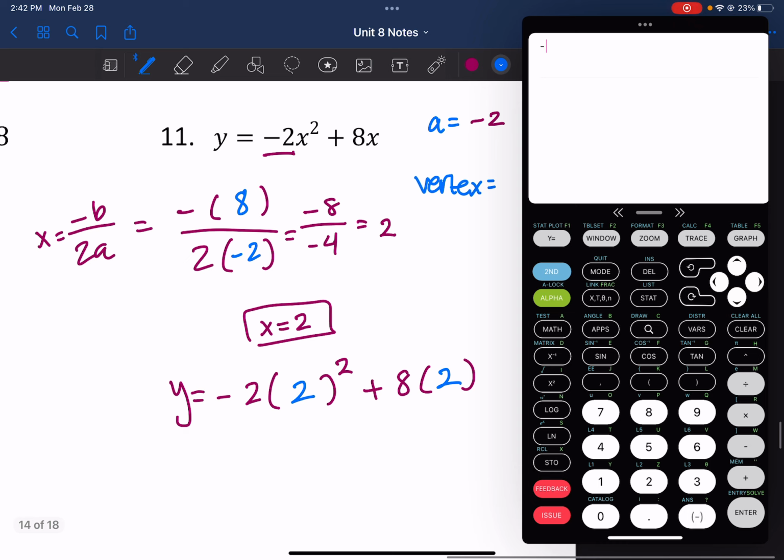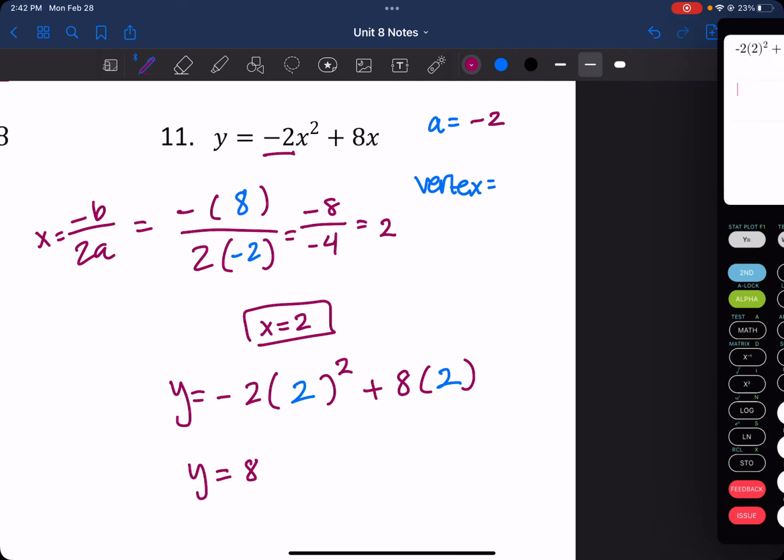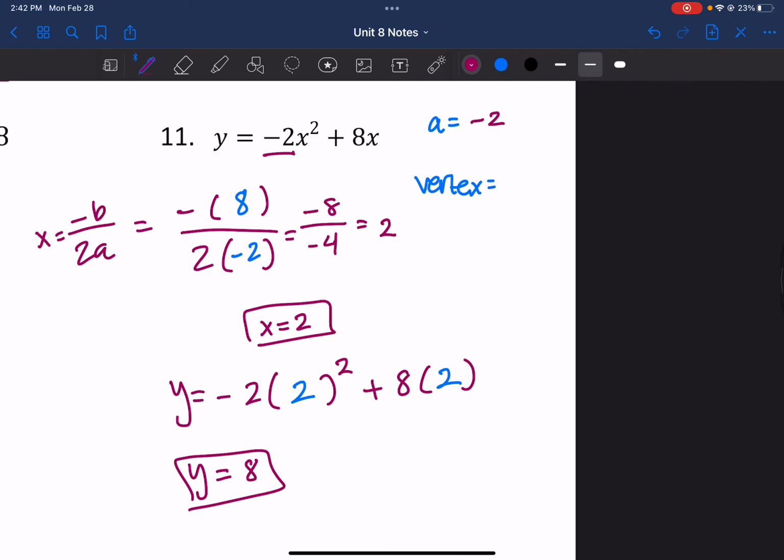All right, so we have -2 parentheses 2, square that, plus 8 parentheses 2. All right, those look good. I make sure I match it. -2, yeah, looks good to me. 8. So I just got my y value is equal to 8. Done with that. So now I got my vertex. My vertex is 2, 8.